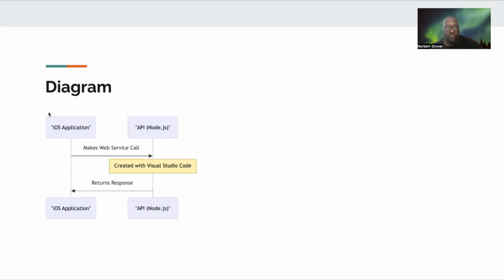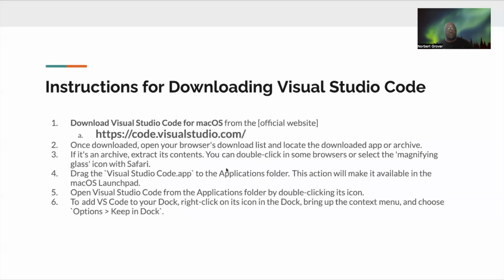So let's say this again. We make our request, it goes here, boom, boom, does whatever processing and sends it back. But remember, at the end of the day, a while back, we created this using Node.js and Visual Studio Code. Okay.